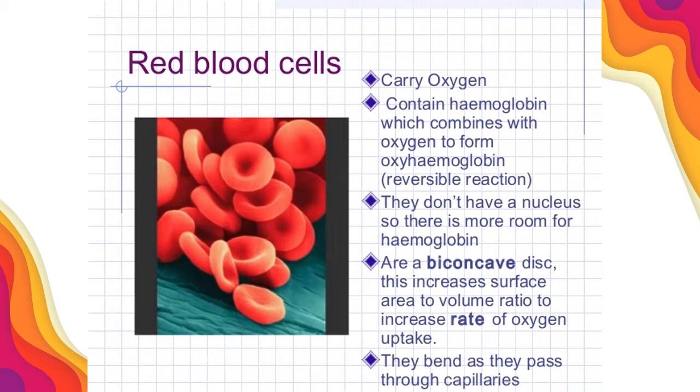Their function: they have hemoglobin, a kind of protein which is red in color due to the presence of iron. The oxygen molecules are carried by the hemoglobin as oxyhemoglobin.